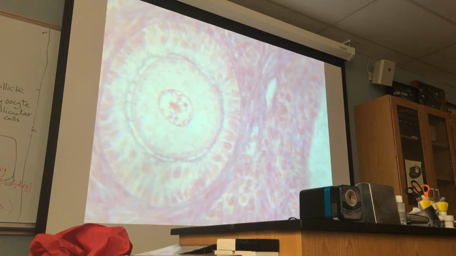And then it's the granulosa cells. Right. Granulosa cells and primary oocyte. These granulosa cells and primary oocyte together, they form primary follicle. Okay? Now let us look at secondary follicle.